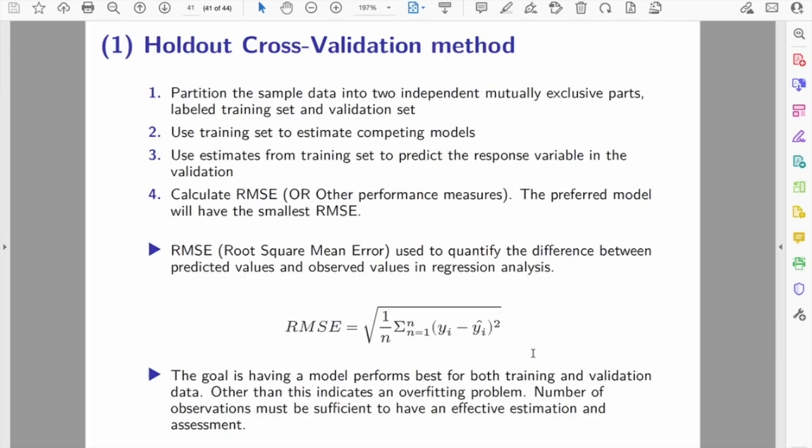The first one, we call it the hold-out cross-validation method. What is the process that we are going to do? We are going to partition the sample data into two independent, mutually exclusive parts, two separated disjoint parts. The first part we call the training set. The second one, we call the validation set. We use the training set to estimate the competing models, model 1 or 2 or 3 or all of them.